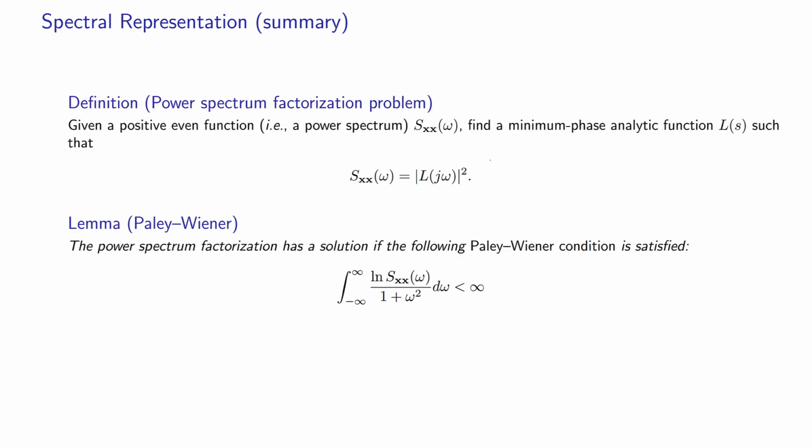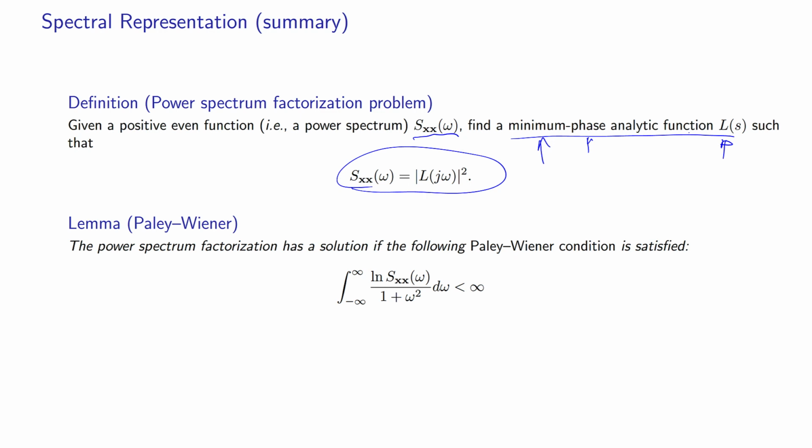For the spectral representation, we will solve several problems. In summary, if the power spectrum is given to you, we want to find a minimum phase analytic function L of s such that this equation is satisfied. Now, we will define what a minimum phase analytic function is. It means that this filter is causal, stable, and implementable.